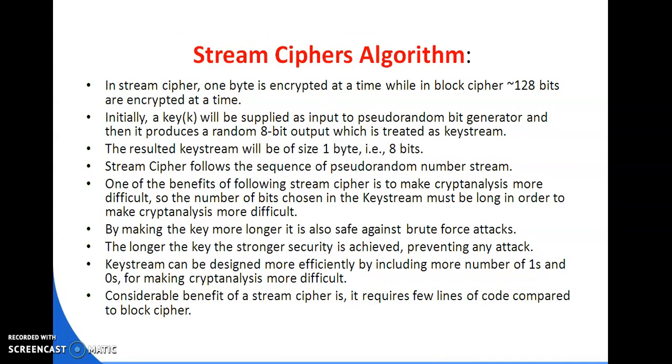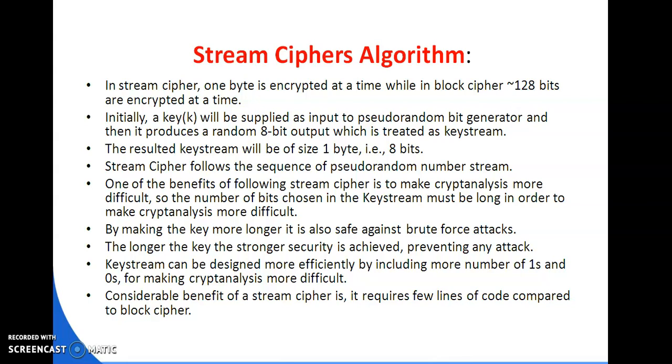Next come to the stream cipher algorithm. In stream cipher, one byte is encrypted at a time, while in block cipher 128 bits are encrypted at a time.